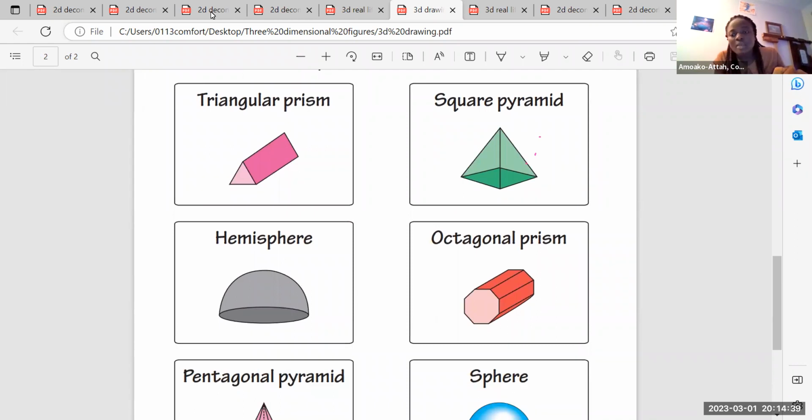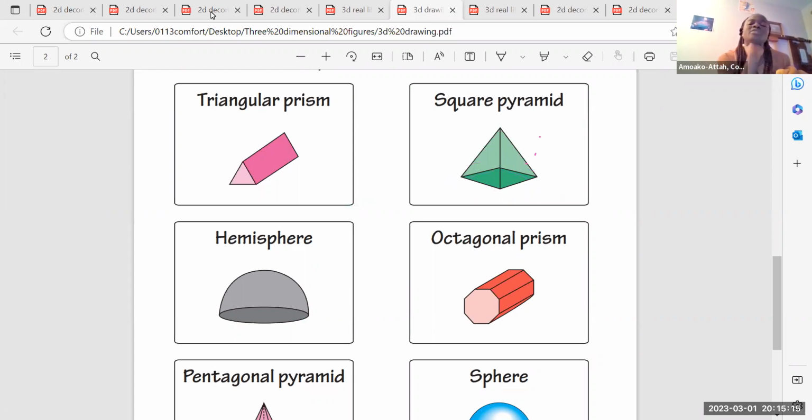Is a triangular prism, right? A triangular prism. We have the square pyramid. The base is 4. Usually it takes the shape of the base. We name it based on the shape of the base. So this is a square pyramid and having 4 sides. Okay.